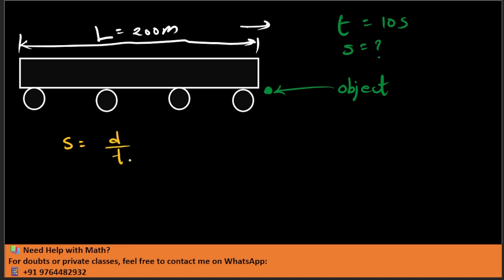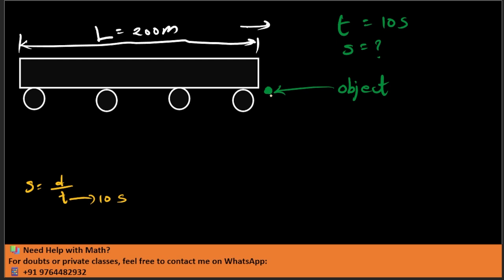We have time, that is 10 seconds. But for finding the speed, I need the distance. So how to find the distance here? When can I say that this train has crossed this object?